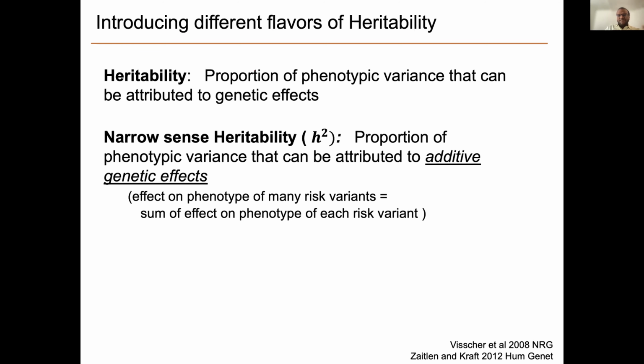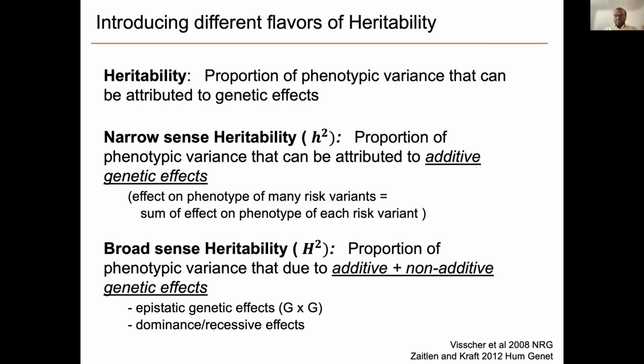There are sub-definitions like narrow sense heritability, where we are primarily focused on the additive genetic effects and their contribution to the variance in the phenotype. We also have broad sense heritability, where we look at both additive and non-additive genetic effects. And these non-additive effects can include G by G epistatic interactions or dominant/recessive effects as well.